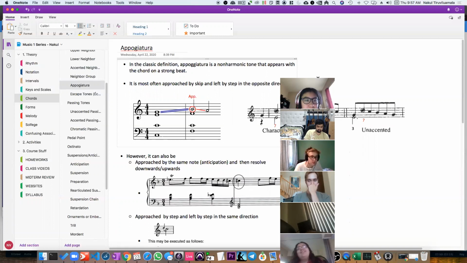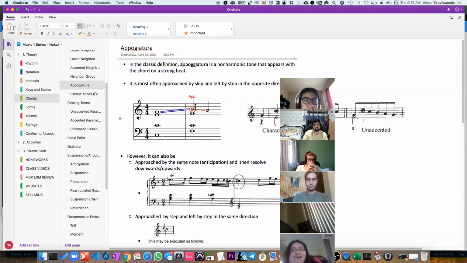Imagine an appoggiatura in your music. Imagine by John Lennon has a little bit of an appoggiatura. Fun fact. So what do we have here?